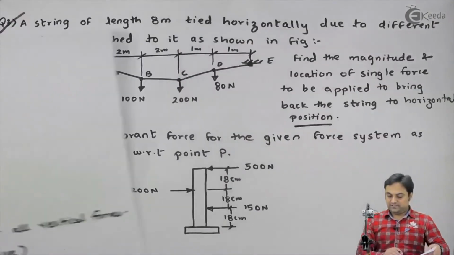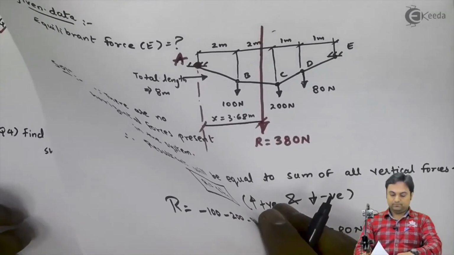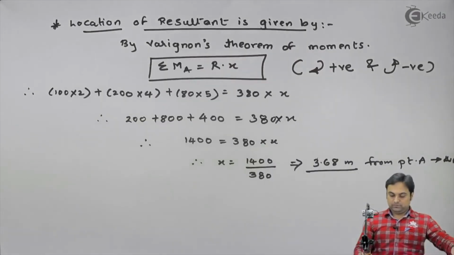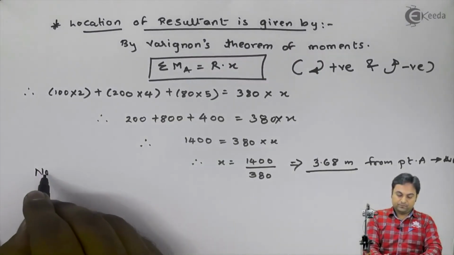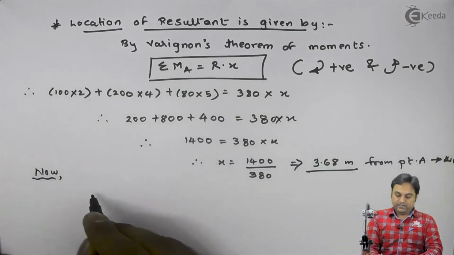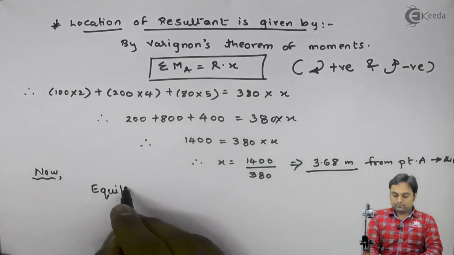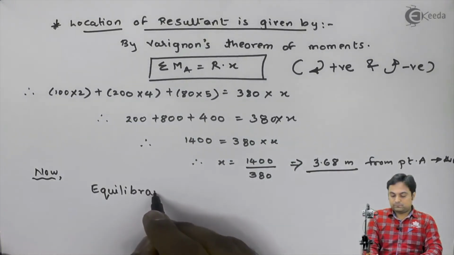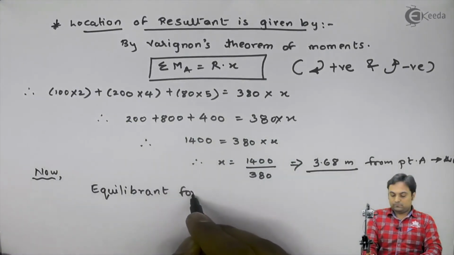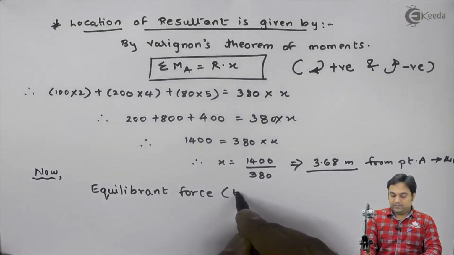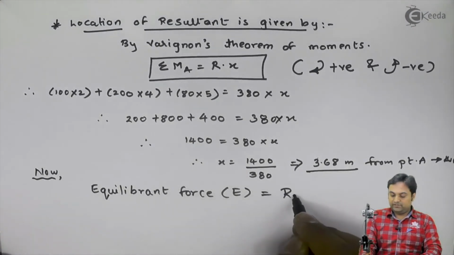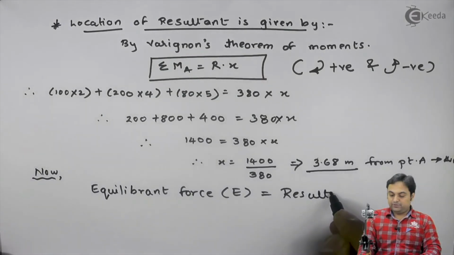Now, the equilibrium force, capital E, is nothing but the resultant force. The magnitude will be the same.